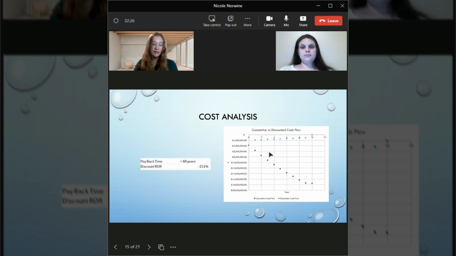On the cumulative cash flow, which is these darker blue, it keeps going down and down and down. This is our discounted cash flow rate, which does not show the payback period. The cumulative cash flow rate does, and as you can see, it is a non-achievable payback period, as it is more than 60 years.